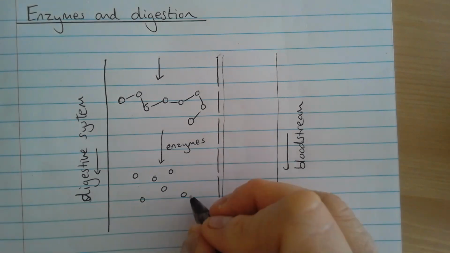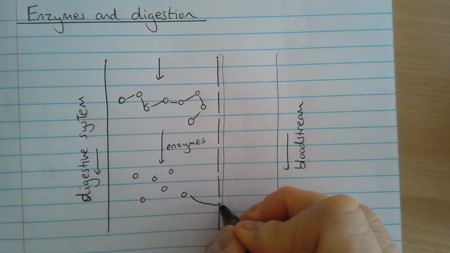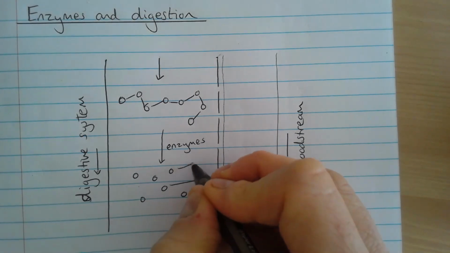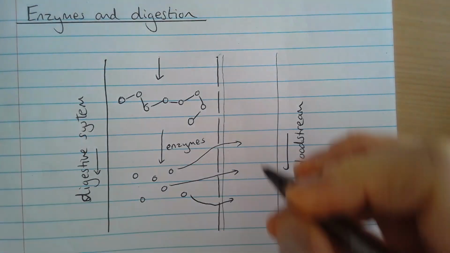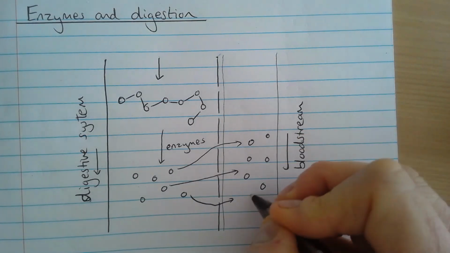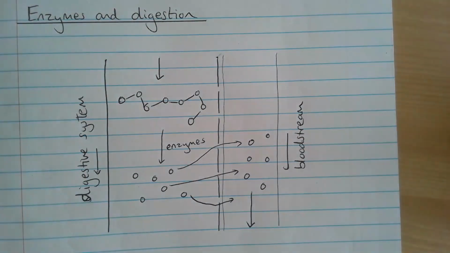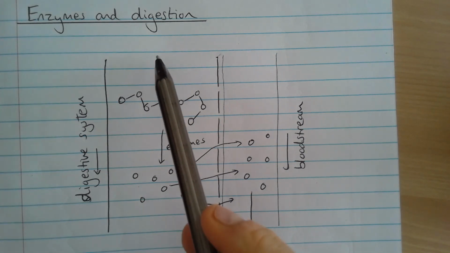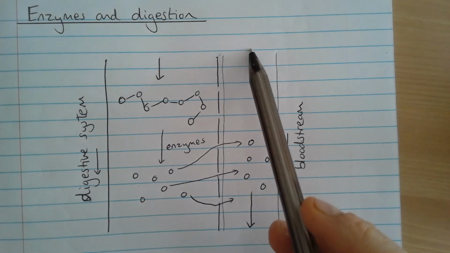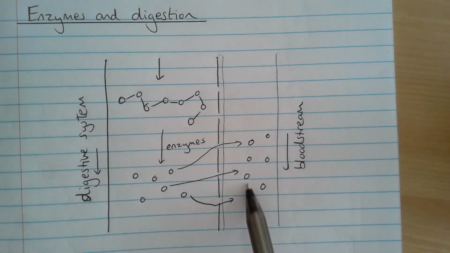These much smaller molecules can pass into the bloodstream, and when they're in the bloodstream, those small food molecules are going to be taken all around the body to every single cell in the body where they are needed. So if I just summarize that quickly, in the digestive system we have a long tube in the body which is surrounded by small blood vessels.